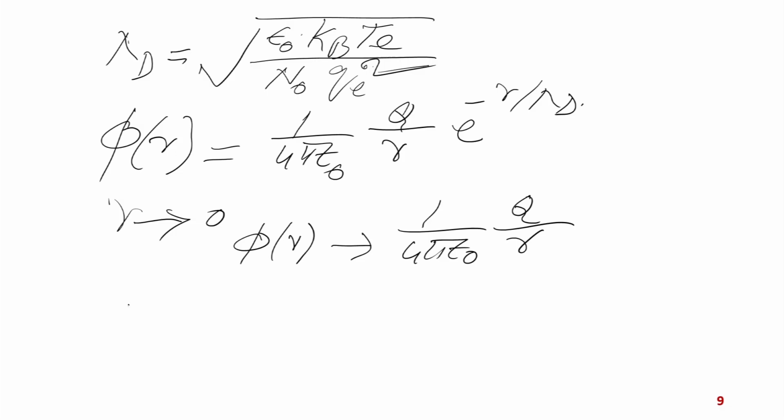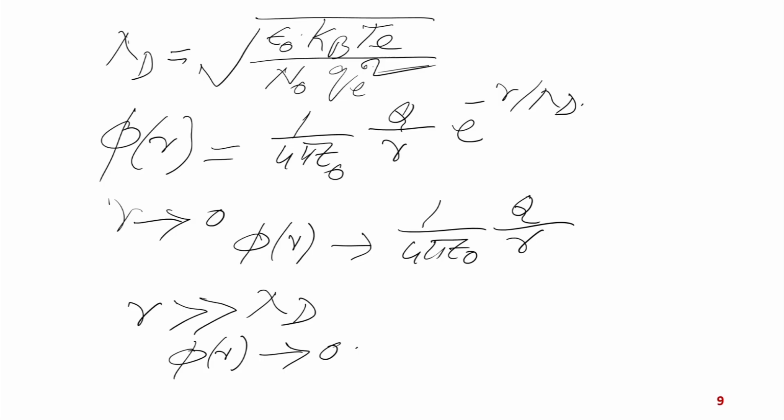But when r is very large compared to lambda D, phi r tends to 0. So you can assume that about the positive charge there is a shield, outside of which, far away from the point charge where r is large compared to lambda D, the region is neutral.